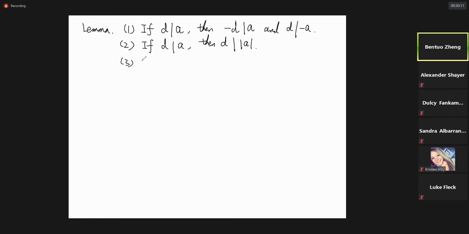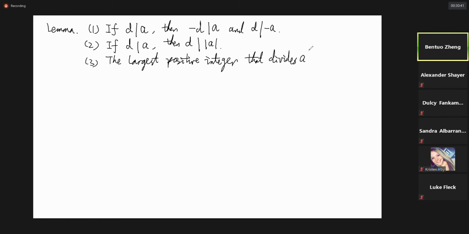And 3, the greatest, the largest positive integer that divides a is just the absolute value of a.